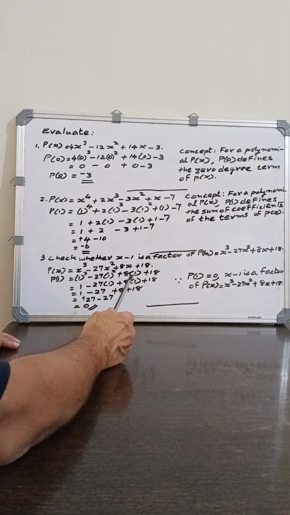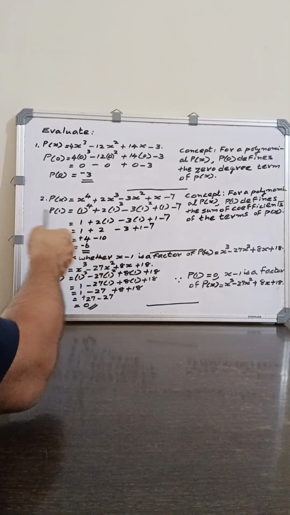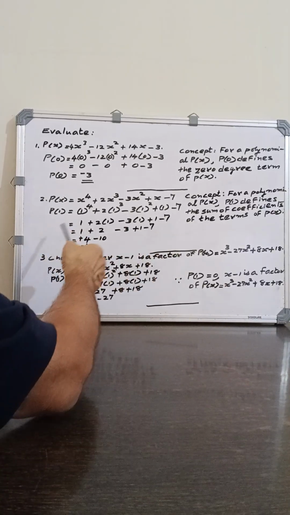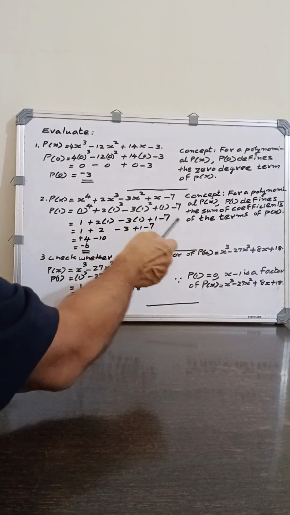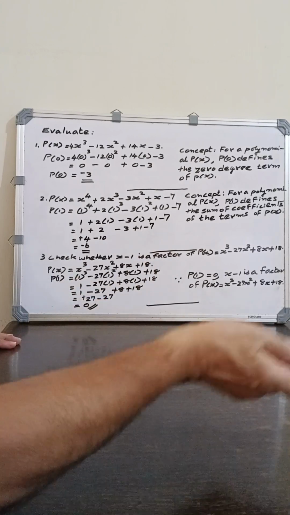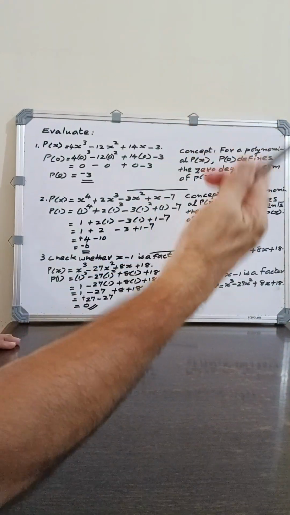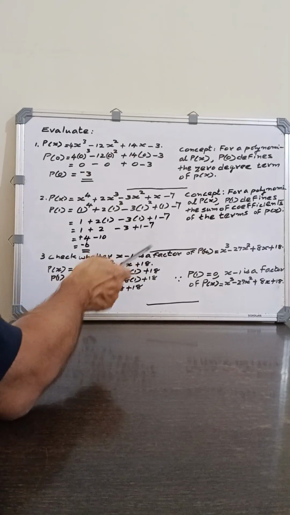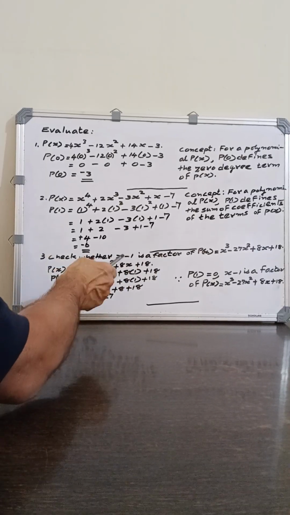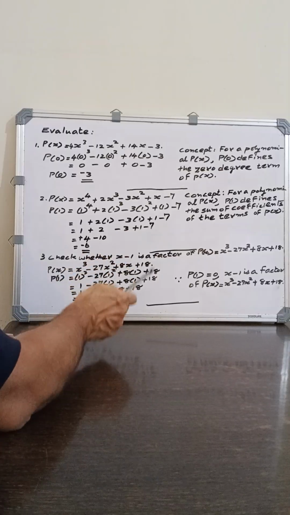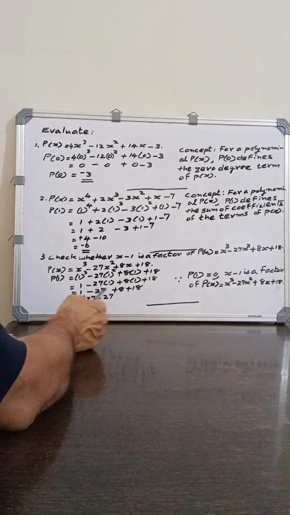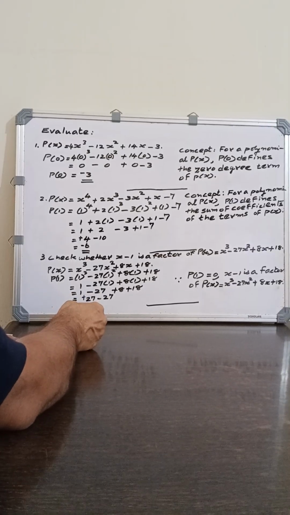Very simply we can add the coefficients. I have already given that the sum of the coefficients of the polynomial is P of 1 for any polynomial. Therefore, P of 1 is the sum of the coefficients here: 1 minus 27 plus 8 plus 18. That is 1 plus 8 plus 18 gives 27, and minus 27 gives 0.